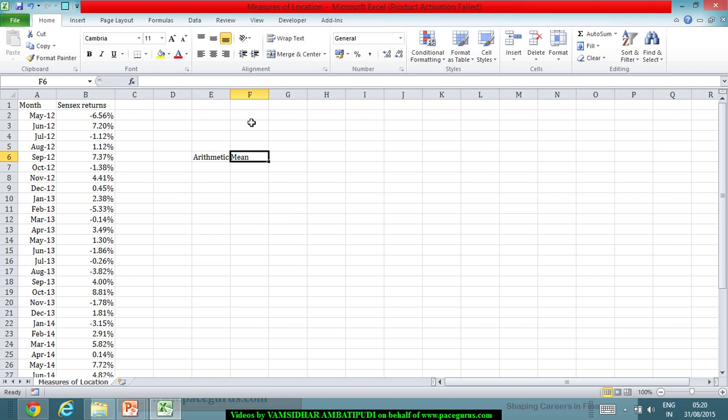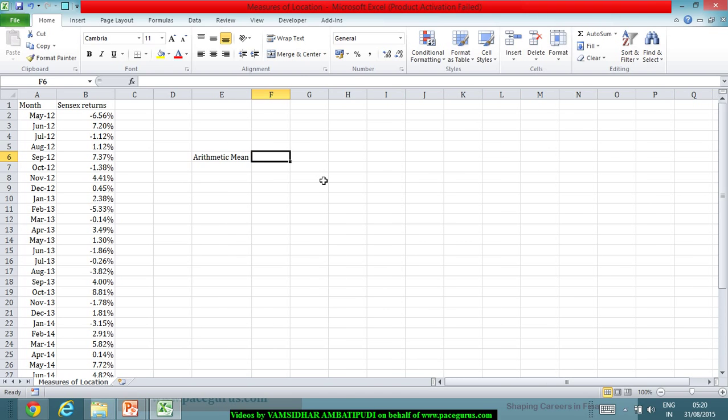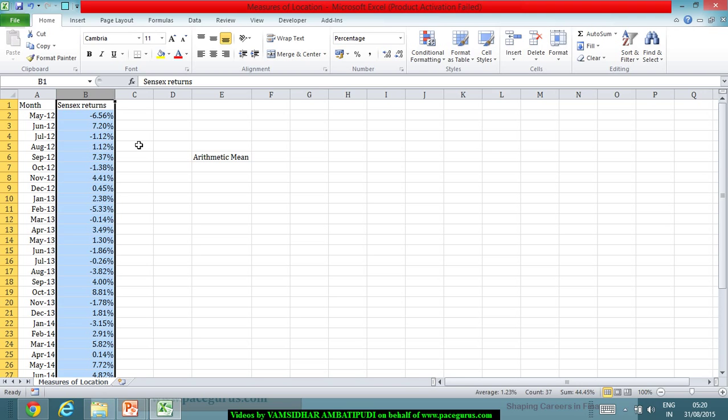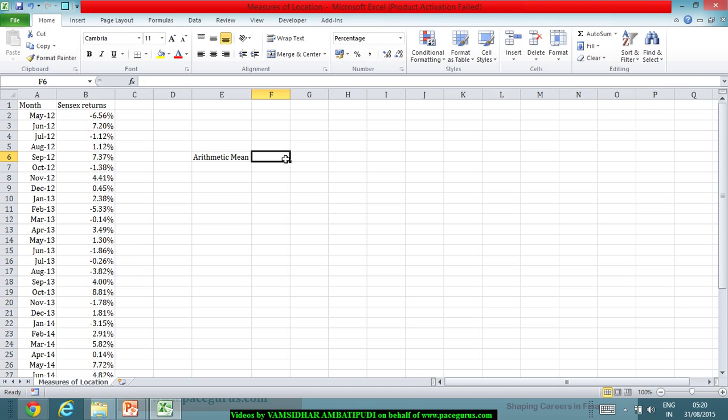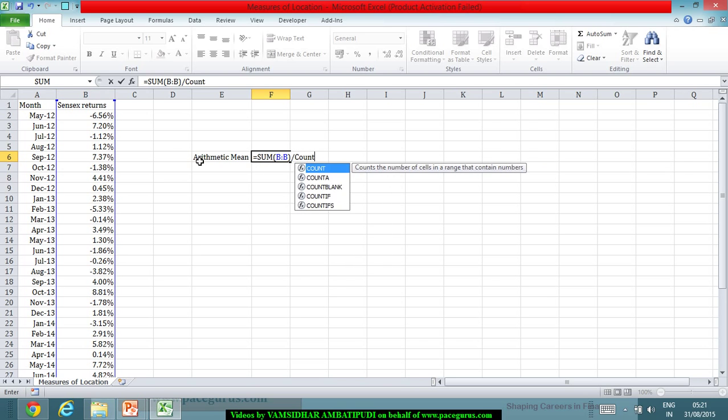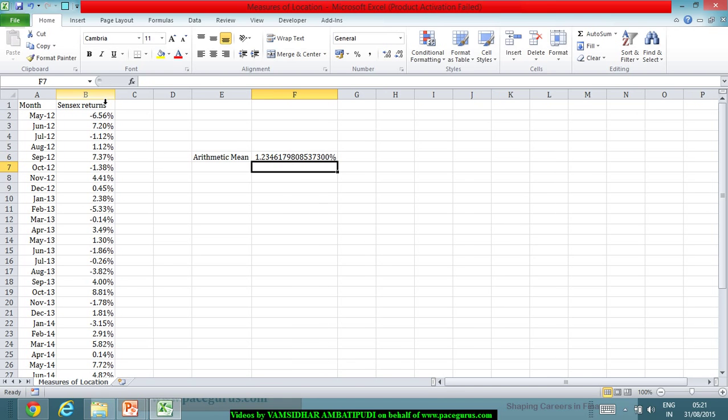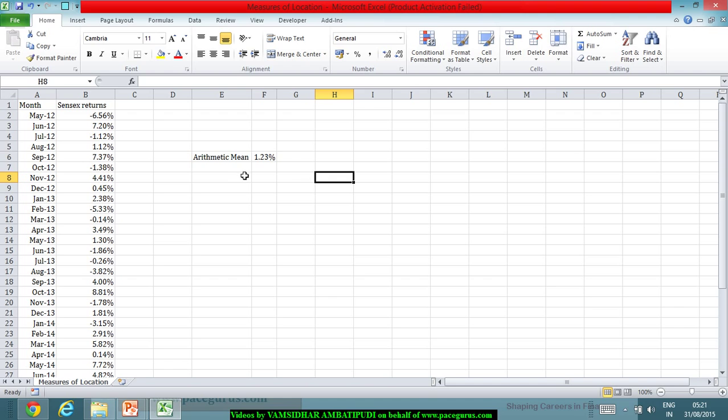When I'm saying arithmetic mean return, it's the summation of all these values divided by the total. So I'll do a summation of all these values and divide by the total number of observations, which gives me around 1.23%. That is the arithmetic mean.